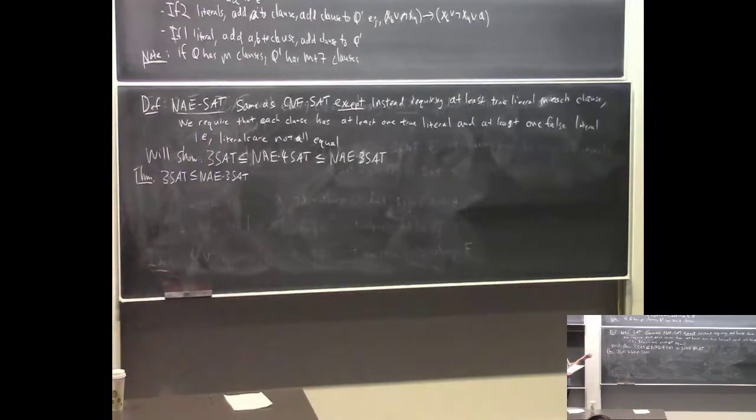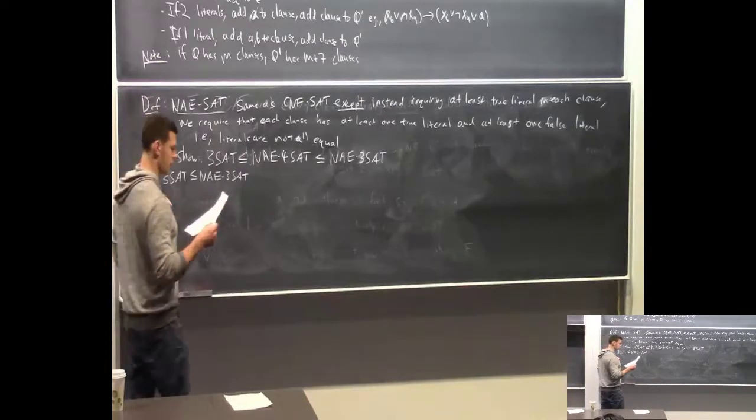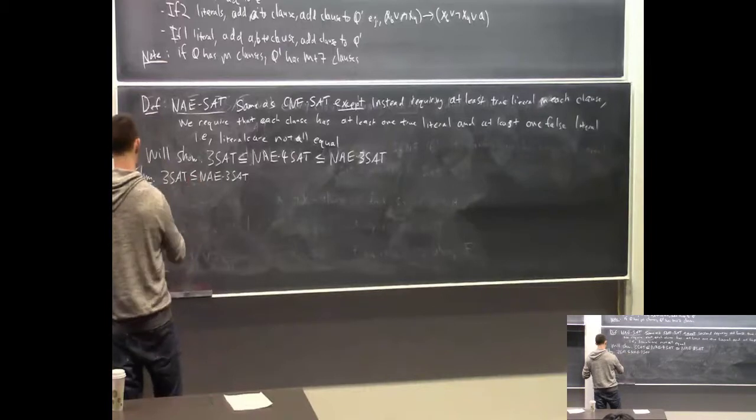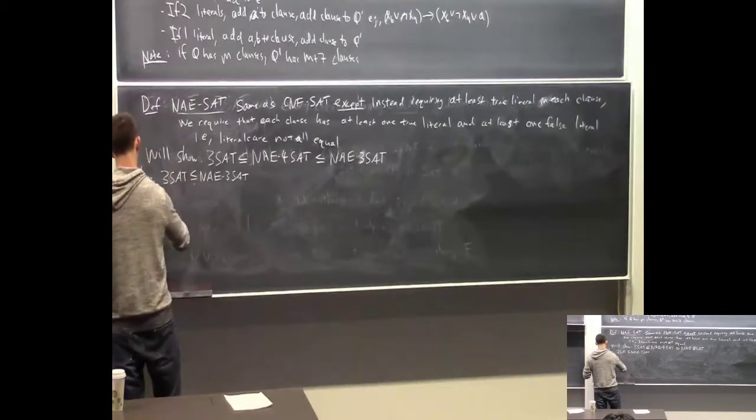And again, if we're talking about NP-Completeness, we need to talk about problems being in NP. NAE-3-SAT is clearly in NP. You can take your possible assignment, go check that every clause has at least 1 true literal, 1 false literal. So it's in NP. So we're not going to think about that anymore. But we're going to worry about this reduction here to show this.